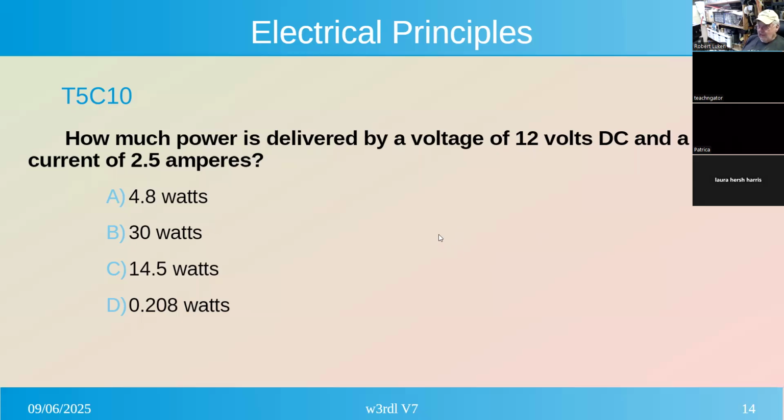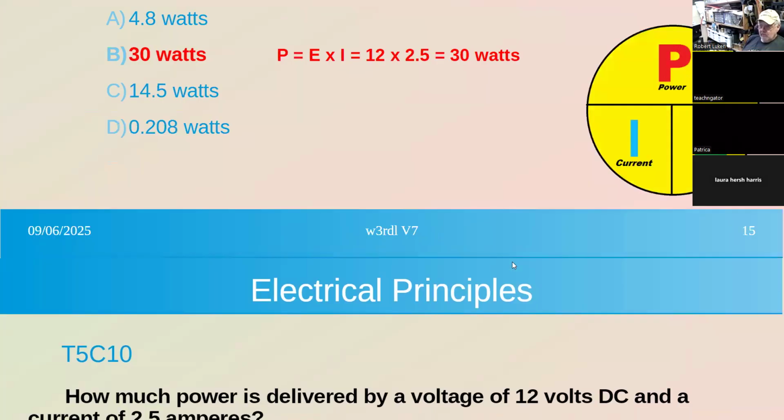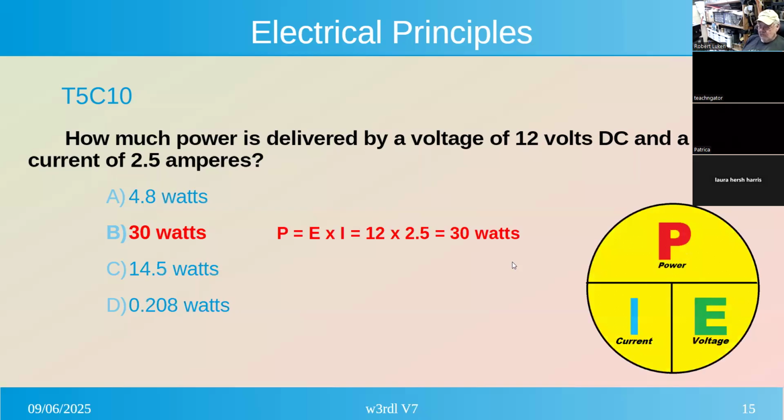No, power is equal to I times E. So all we know here is volts and current, so we use the regular power formula, P is equal to I times E. You multiply the two, and the answer is Bravo, 30 watts.